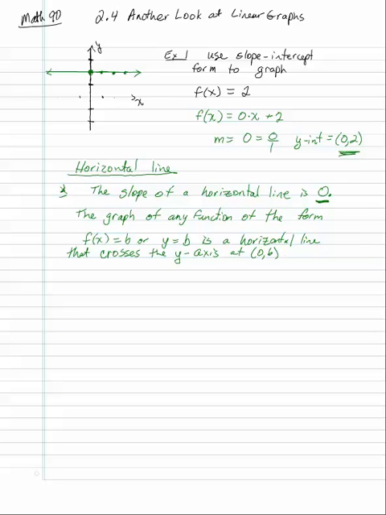The graph of any function of the form f of x equals b, or remember, f of x is just a way to say y, y equals b, is a horizontal line. So if your equation has no x in it, just y, or f of x equals a number, then it's a horizontal line and it crosses the y-axis at (0, b).